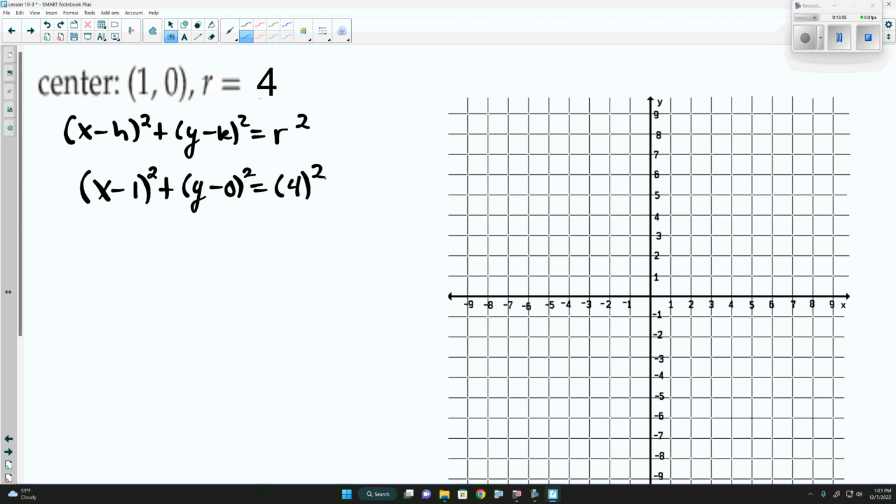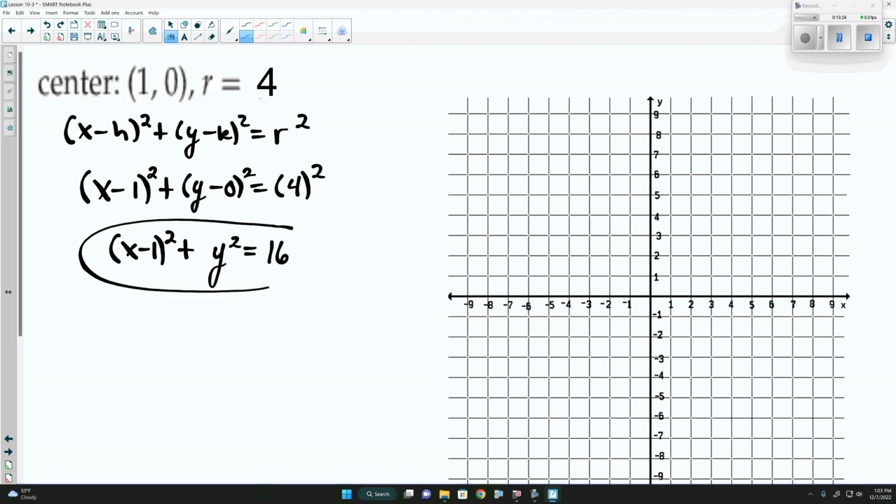So I'd start off with just plugging the information in. So we get (x − 1)² + (y − 0)² equal to 4². Well, we can simplify this a little bit. x minus 1 is not going to, but (y − 0)² is the same as just y², and 4 squared is 16. Questions on how we found the equation?